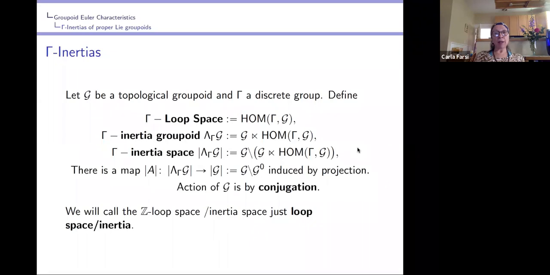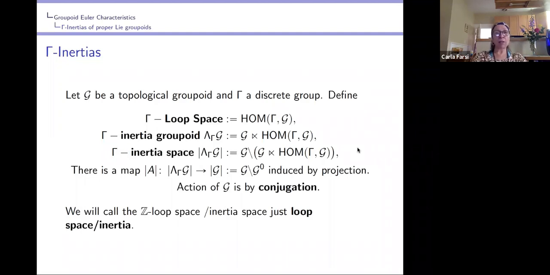And then you act on it by G by conjugation, and the space, what we call the inertia space, will be the quotient of this groupoid, the loop space, by the action of G. And there is also a map, I have to say this because we're going to use this later, from this inertia space to the orbit space of G on G0 induced by projection.